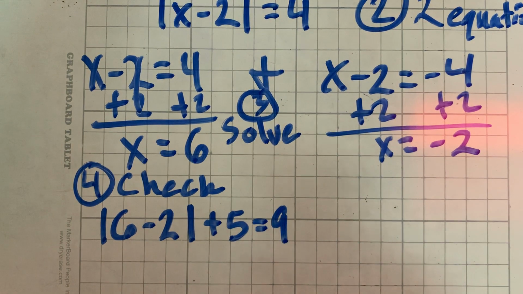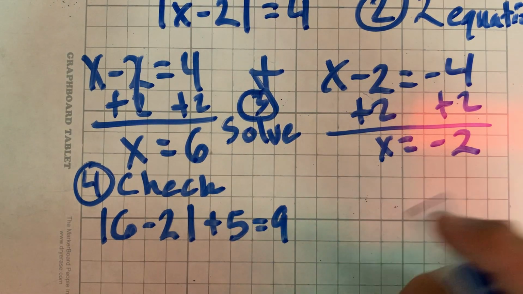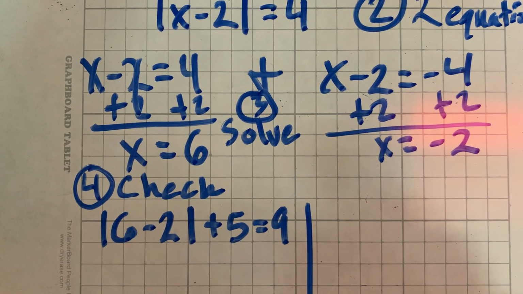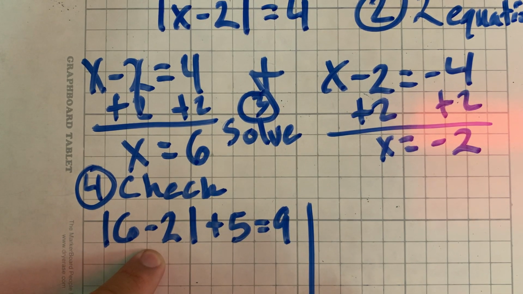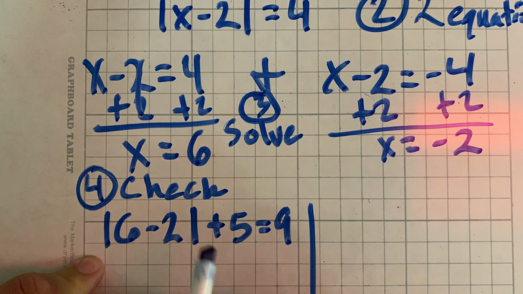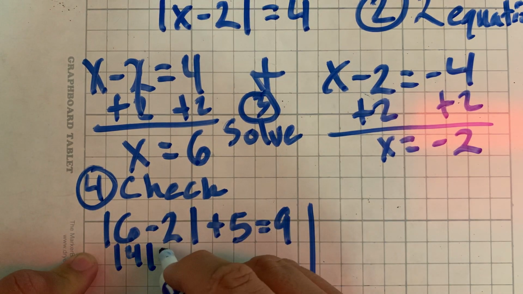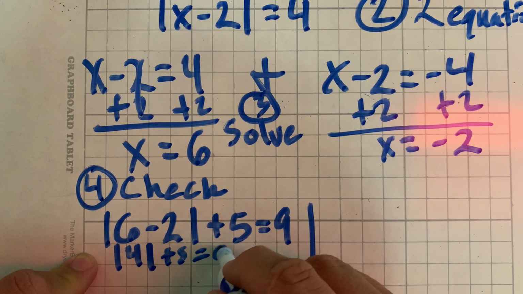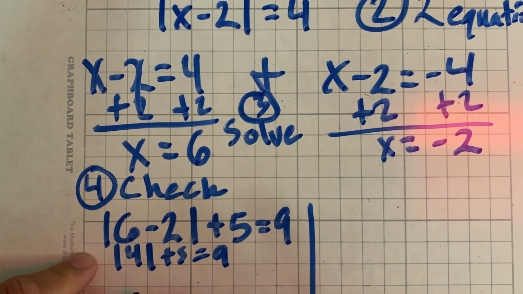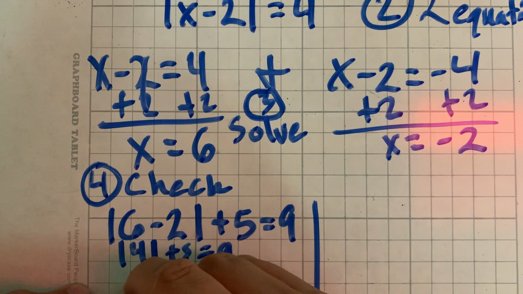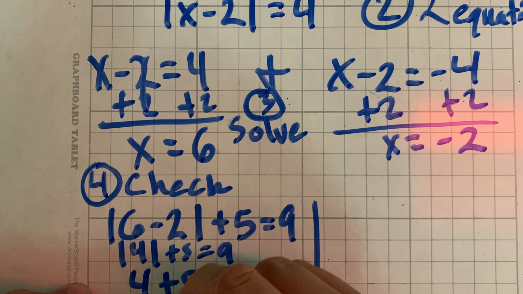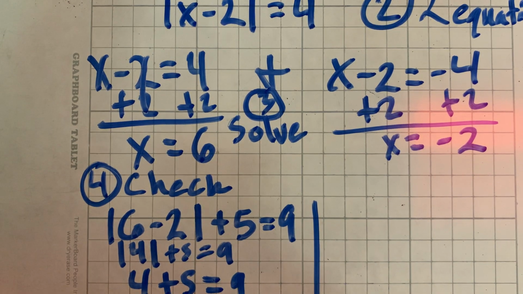I'm doing one at a time though, so I'm first doing 6, and then I'm going to do negative 2. So I have the absolute value of 6 minus 2. 6 minus 2 is the absolute value of 4. And then bring everything else that we didn't use. Plus 5 equals 9. What's the absolute value of 4? That is 4. And then plus 5 should equal 9.